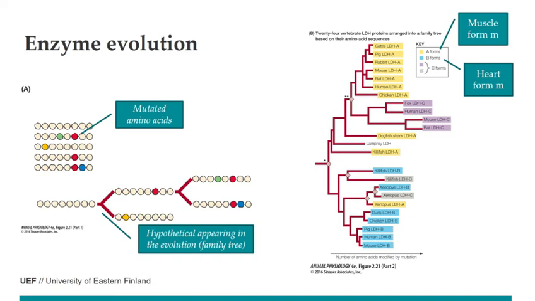And for example, in lactate dehydrogenase, it's in muscle form, meaning A form, and heart form, M, in blue, so in B form. So you can see that the mammalian muscle type is there in the top, and then the mammalian heart type is there in the lower section.